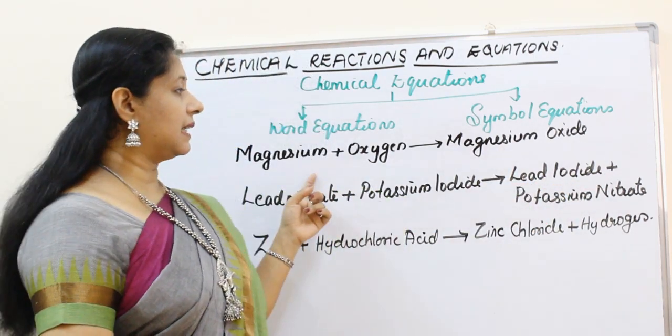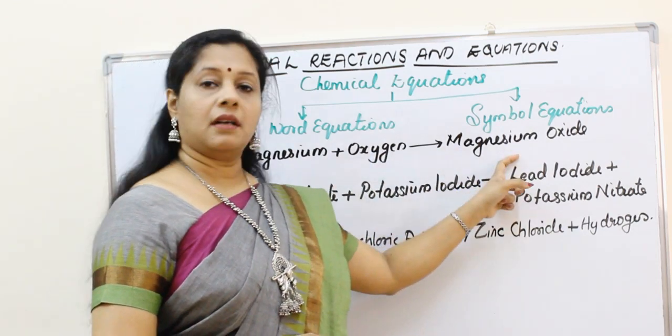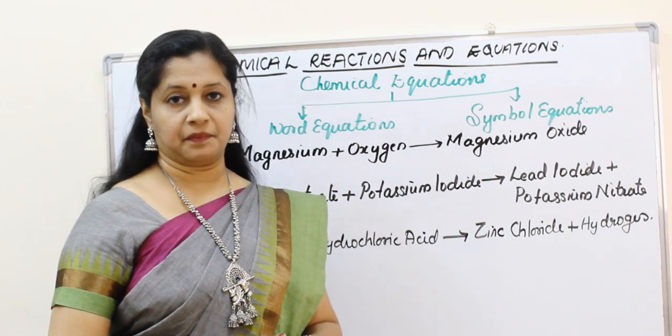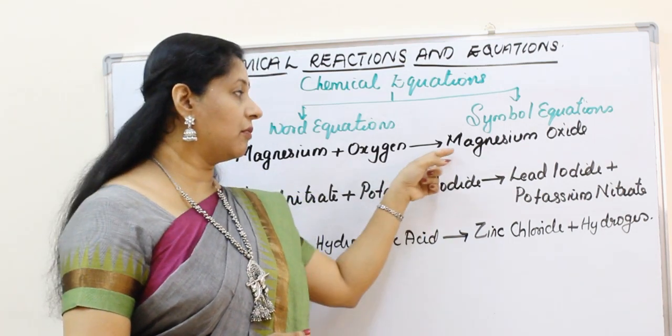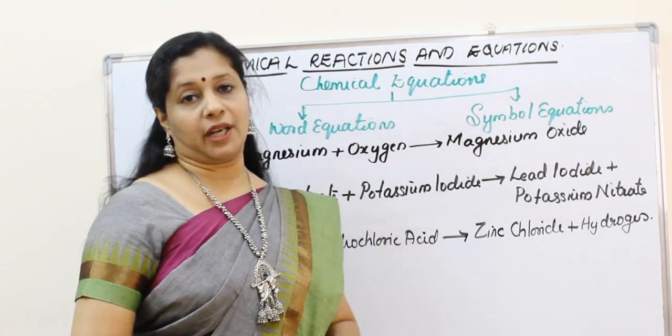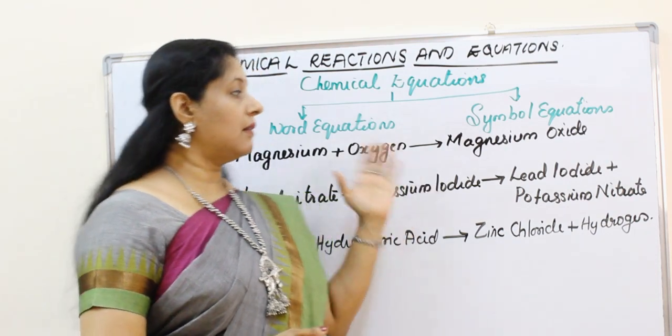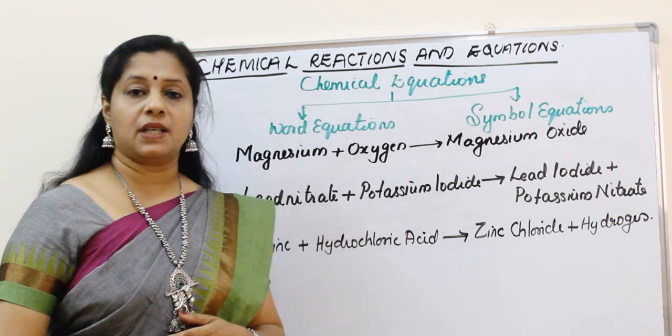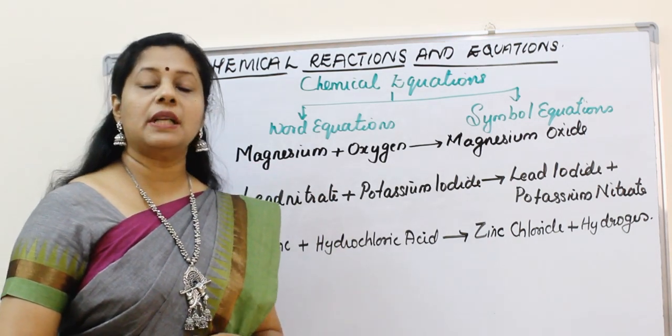Between the reactants or the LHS and the RHS, which has the products, we put an arrow mark to separate them. And the direction of the arrow mark is always towards the product. So this is the word equation that I have shown here. But writing a word equation every time is difficult for us. So what do we usually use?